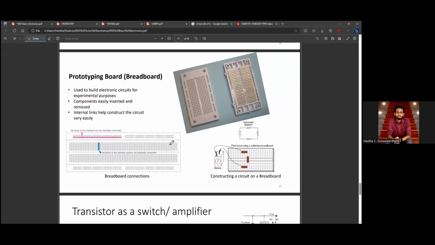There are many sizes, and these are the usual connections inside. Each of these columns is connected inside like this blue one, and these rows are connected horizontally like this pink line represents. It is also true for these lines as well.